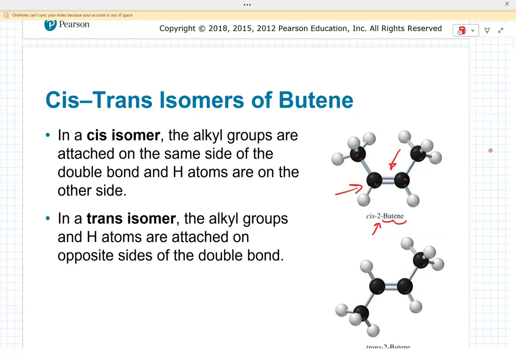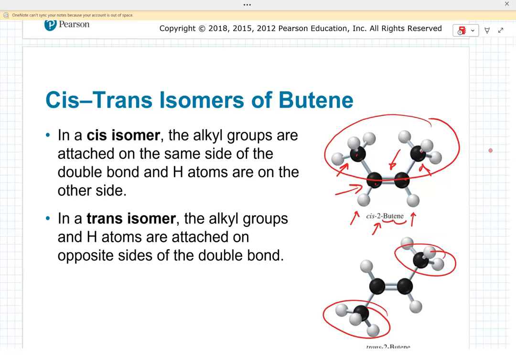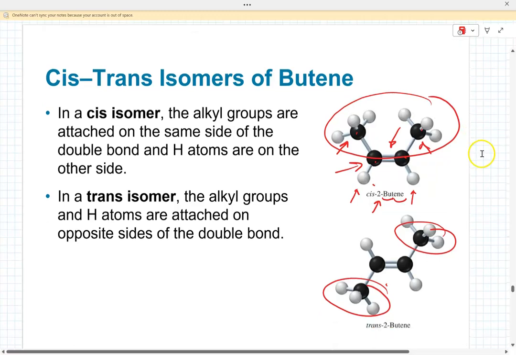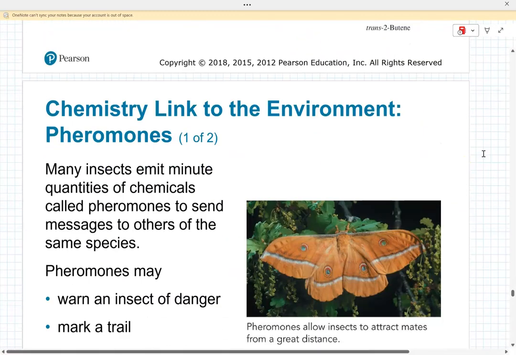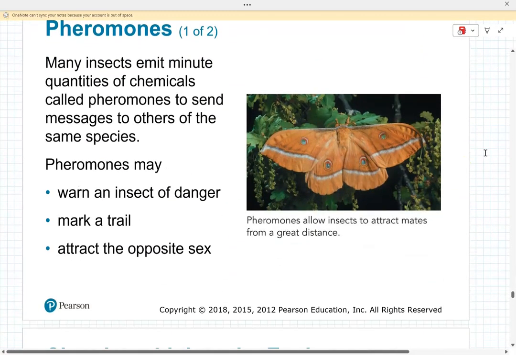Each carbon here is connected to one hydrogen and one other carbon. All right, sounds good? So there can be a position when these two carbons are on one side of the double bond or when they are on the opposite side. Cis, trans. Okay?